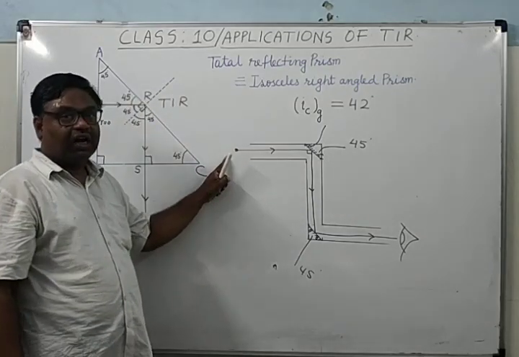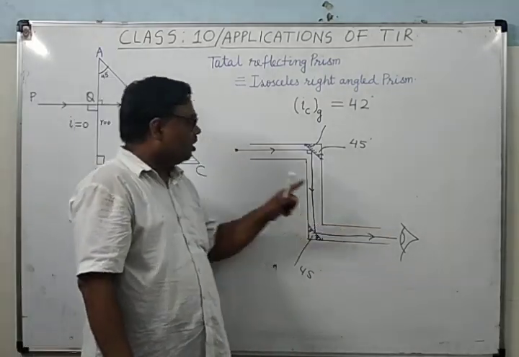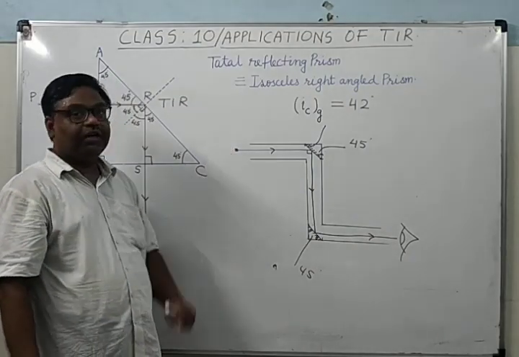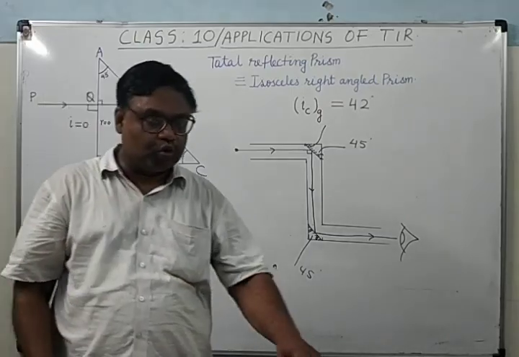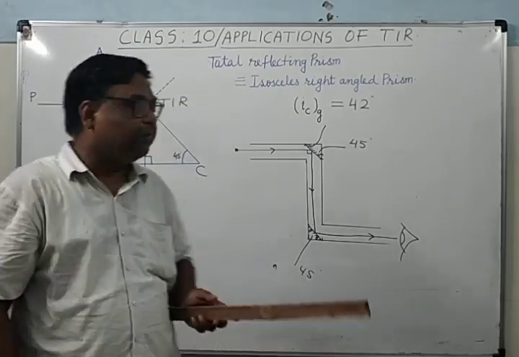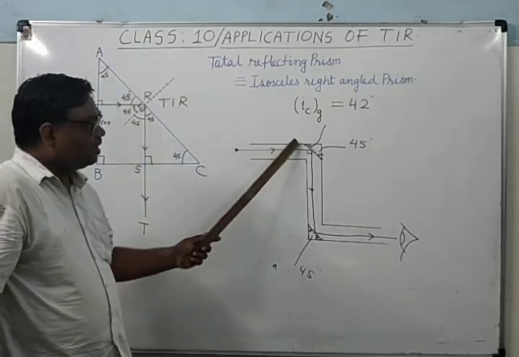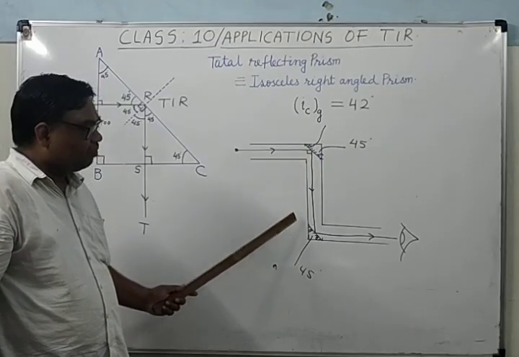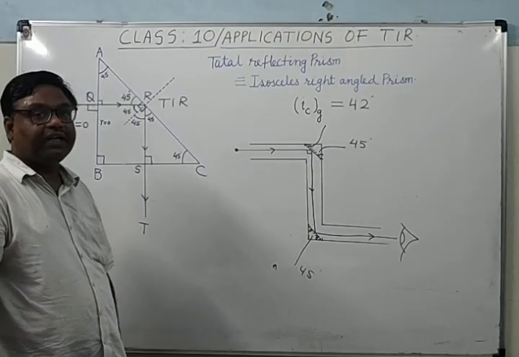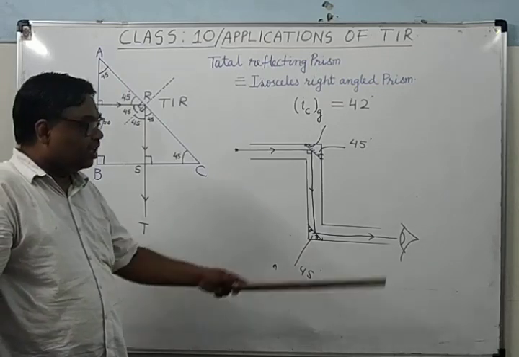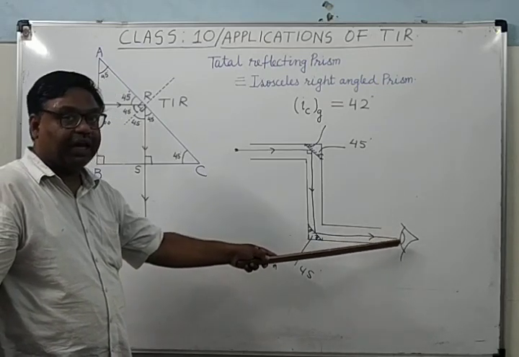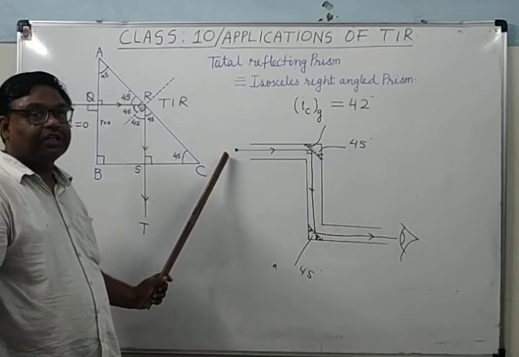Is it clear? Or if you keep the object here, what will happen? You will be able to see from here. But here what happens? Since two plane mirrors have been used, at each plane mirror there will be some absorption of light energy. Therefore, the final image will not be as bright as the object.